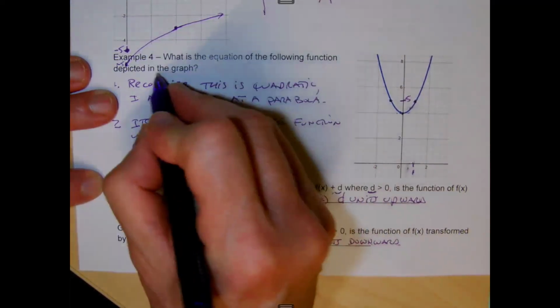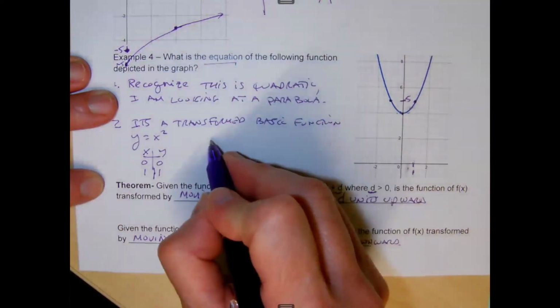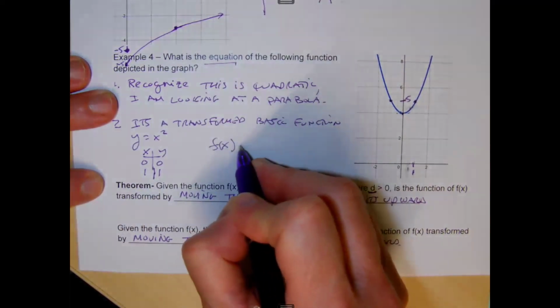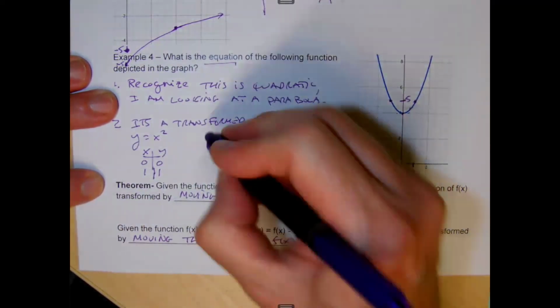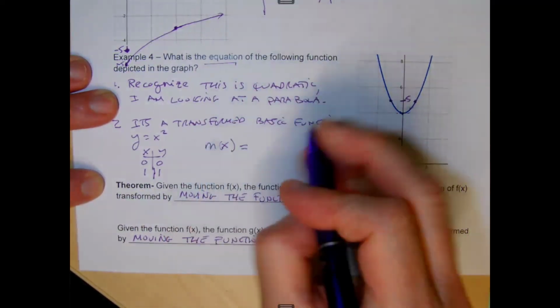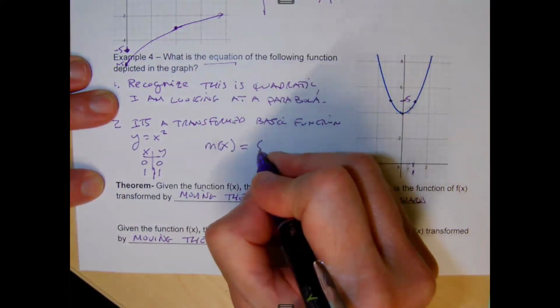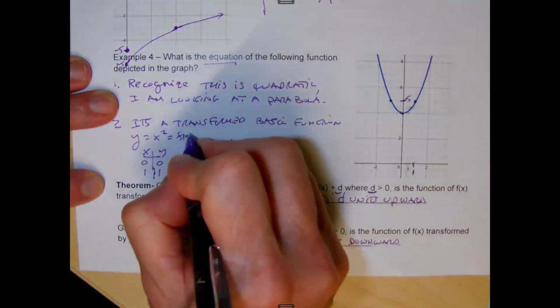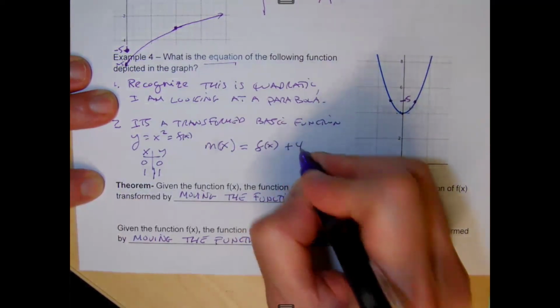So if I want to find the equation of this function, all I have to do is remember that this new function, let me call it something else entirely different, this m of x, is really this old one. Let's say this is f of x, but all I've done is added 4.